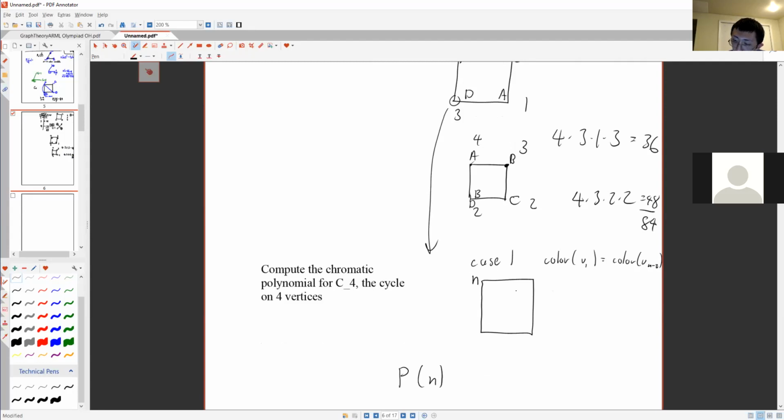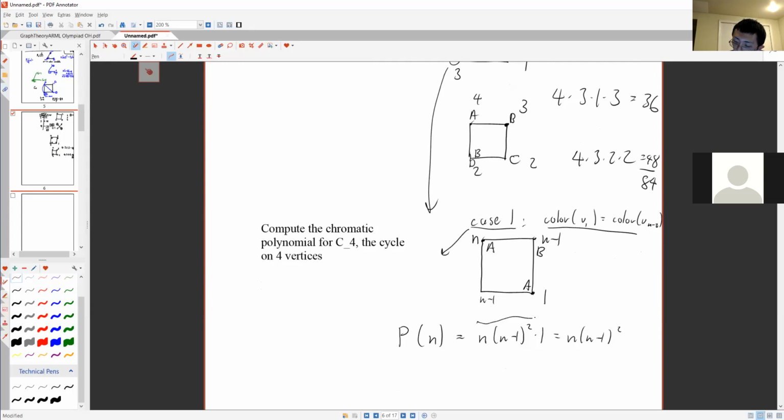There's n ways to color the first vertex, n minus 1 ways to color the second vertex. The third color is the same as the first color. So if this is A and this is B, then this is also A. There's no choice on the third vertex. It has to be the same as the first vertex because we're in that case. And then there's n minus 1 choices there. So in case 1, we get n times n minus 1 times n minus 1, like that. And so that's case 1.